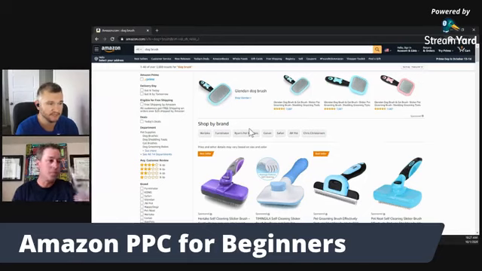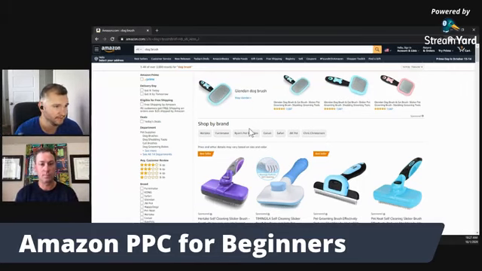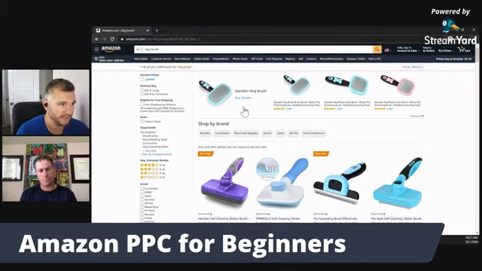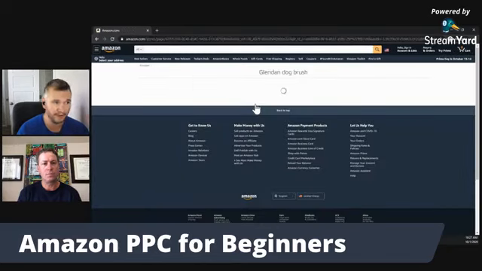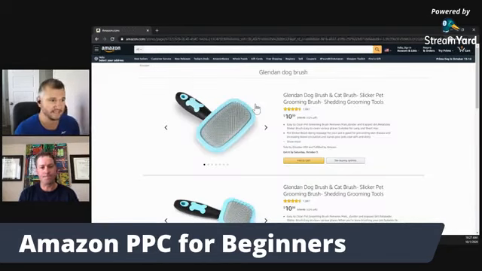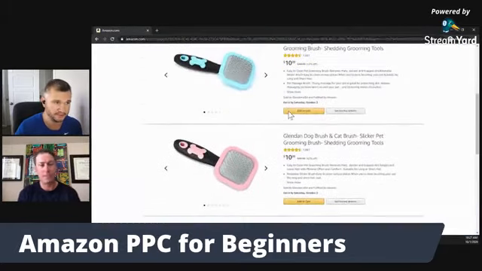Sponsored brand allows you to do a headline ad at the top of the keywords you're targeting. They used to call them headline search ads, but they changed them. This allows you to showcase all the products that you have to offer for that search. So we're looking at dog brush here. When I click on this ad on dog brush, it will take me to this brand's page where I can see all of their dog brushes, not just one or two.